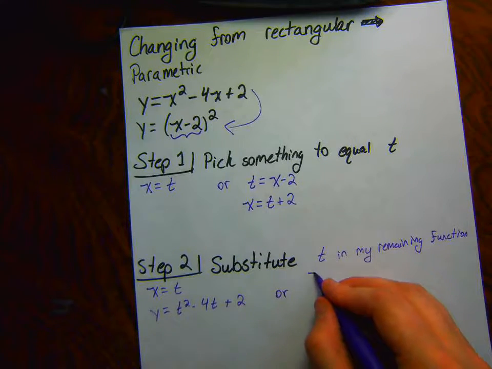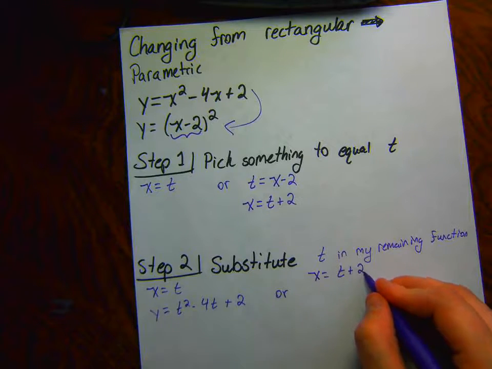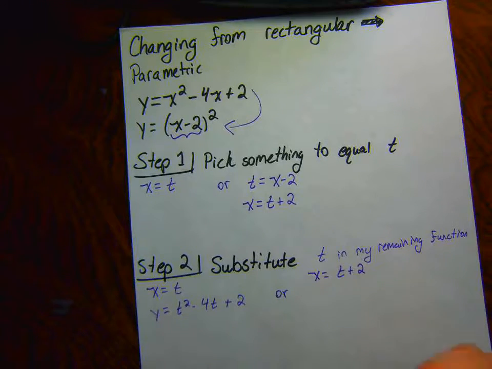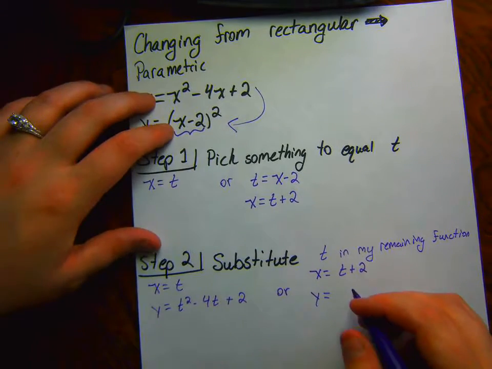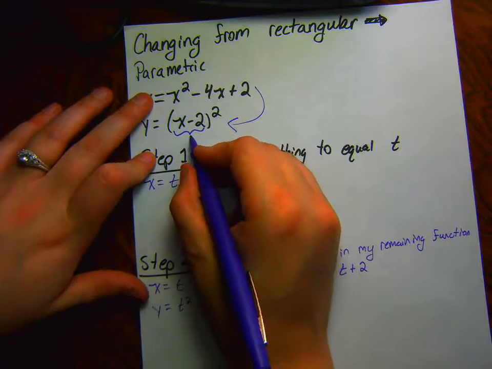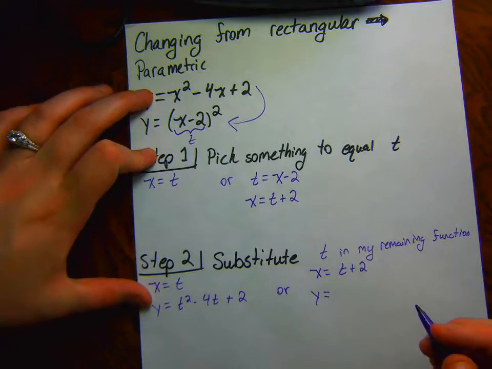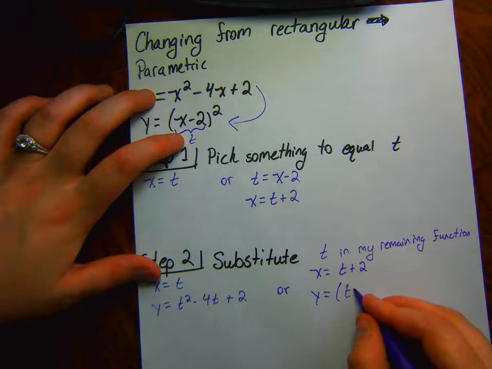Or, if I let x equal t plus 2, then my y would equal, now see here, since I let this here equal t, then I'm going to have that y equals t squared.